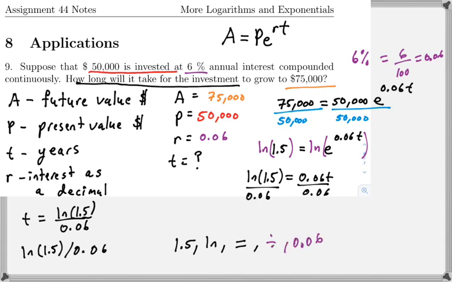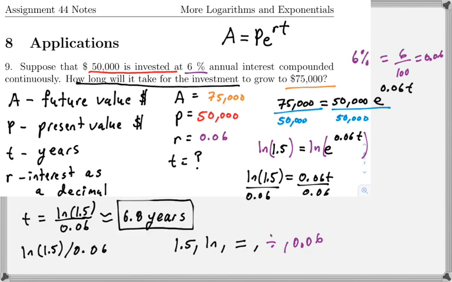And that's how you do it in the cell phone calculator. If you don't see the ln button on your cell phone calculator, if you change it from vertical to horizontal and your screen's not locked, then oftentimes you'll get more buttons, okay? All right. So the ln of 1.5 over 0.06 is going to be approximately 6.8, and our units is going to be years because we're solving for years here.